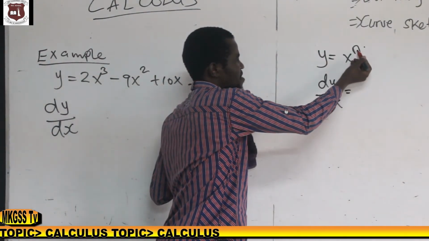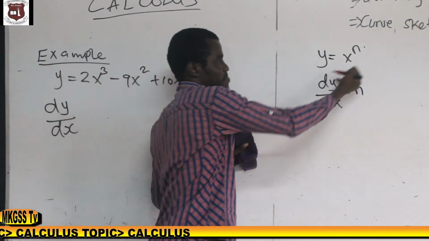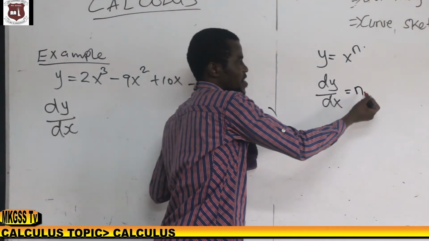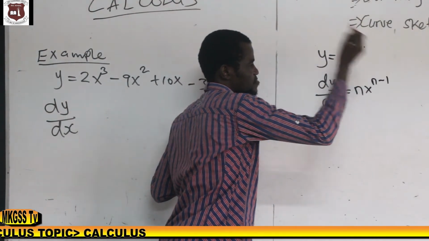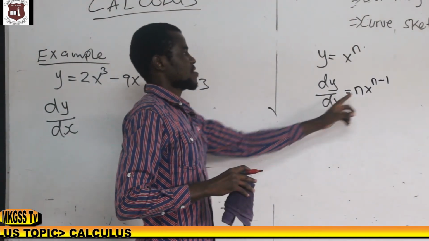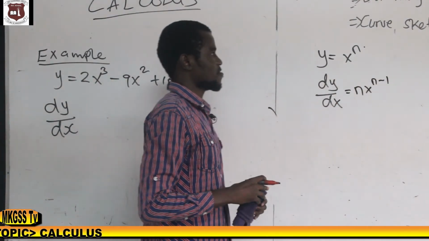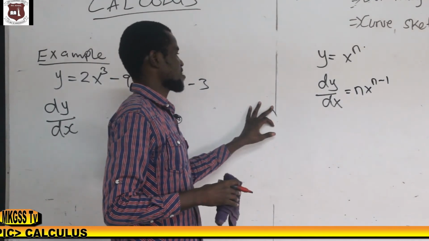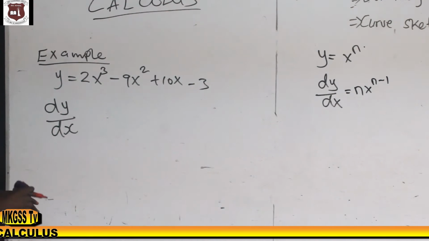So it means I will have this n multiplies the whole term. Then I will have x, but now its power is reduced by 1. So this is actually a general formula for differentiation, and it is what we want to apply in this case. So let's apply that formula.